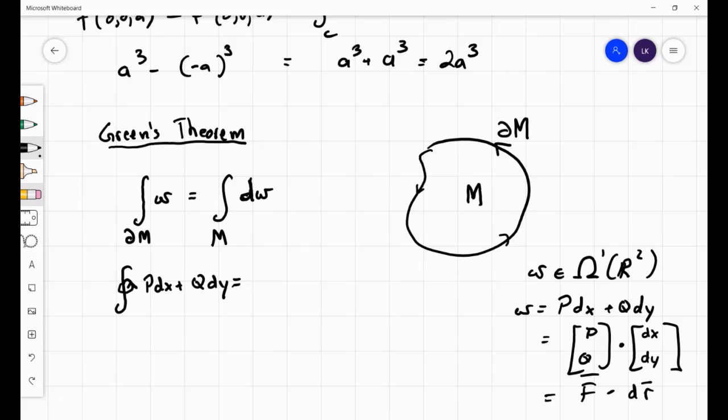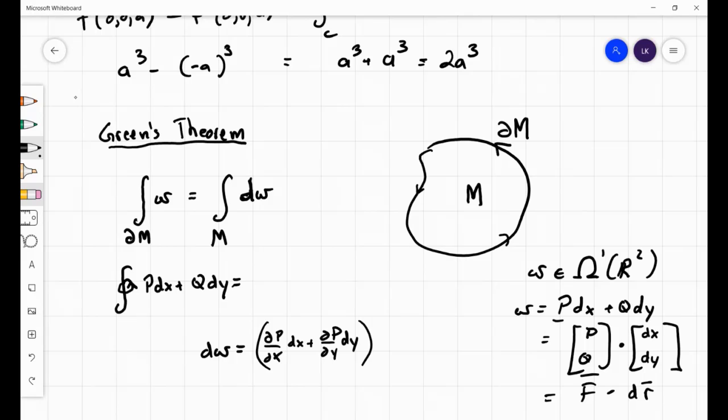And this is equivalent to the exterior derivative. So let's quickly compute the exterior derivative here. So we differentiate p with respect to x dx plus derivative of p with respect to y dy.